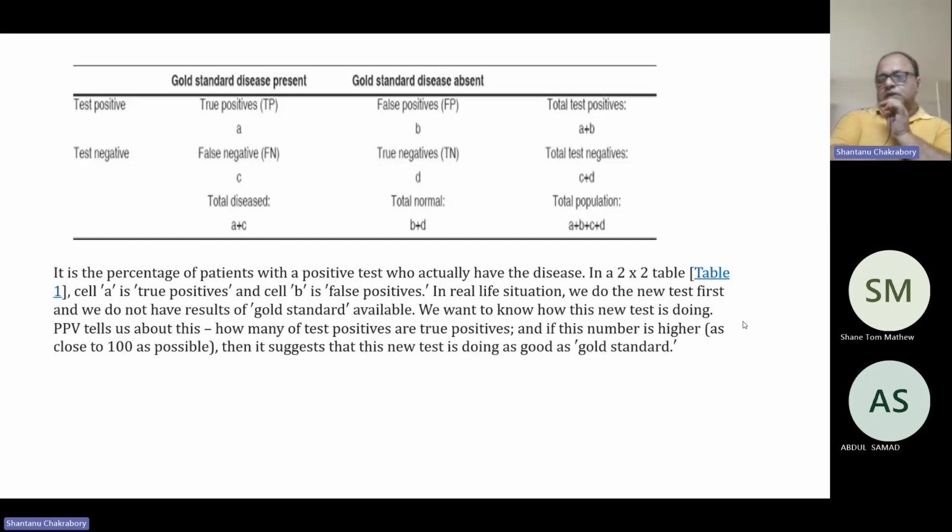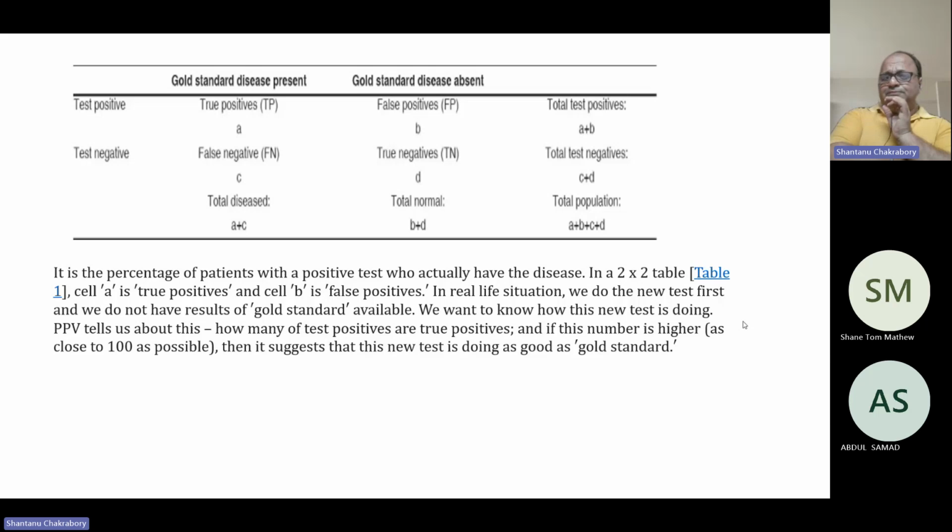Suppose you detected the patient's tumor is cancerous and it turned out to be cancerous, then it is a true positive. Suppose you detected the patient's tumor is cancerous, but it comes out to be non-cancerous, then it is a false positive. False negative: you detected the patient's tumor is non-cancerous, but it turned out to be cancerous. True negative: you tell that a particular patient's tumor is non-cancerous and it turns out to be non-cancerous.